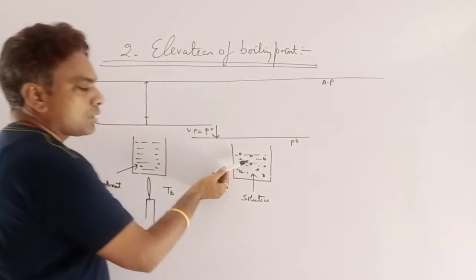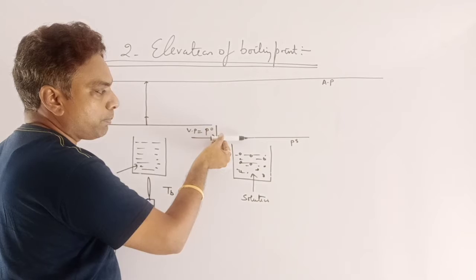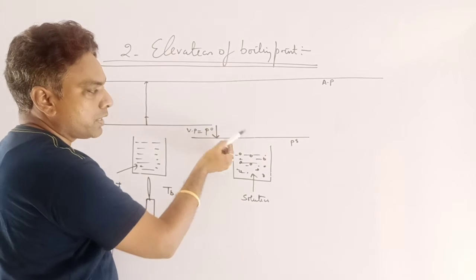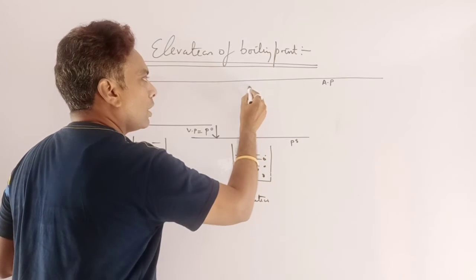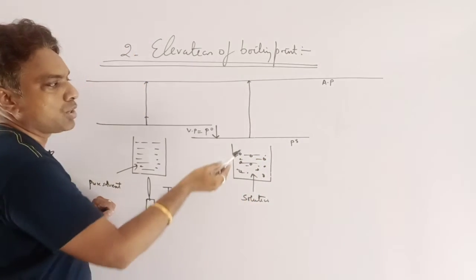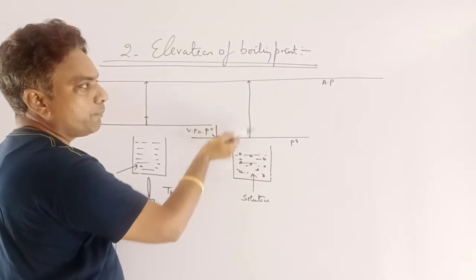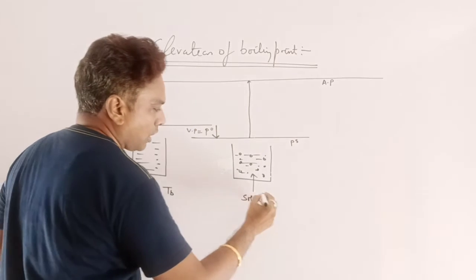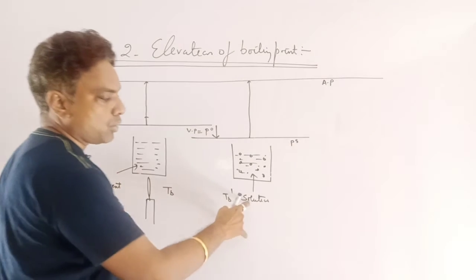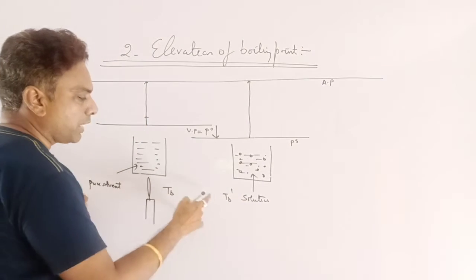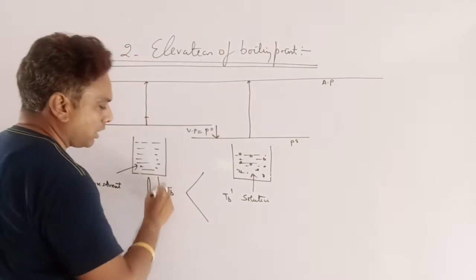Now after mixing small amounts of solute, since the vapor pressure of the solution decreases, this lowered vapor pressure requires more temperature to reach atmospheric pressure. Suppose TB dash is the boiling point of the solution, then TB dash is always greater than TB.